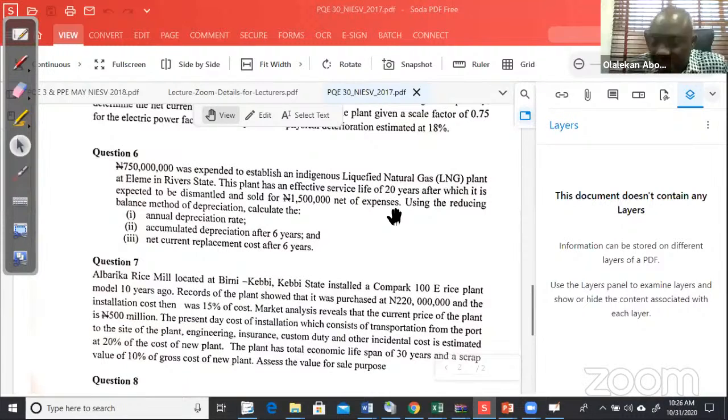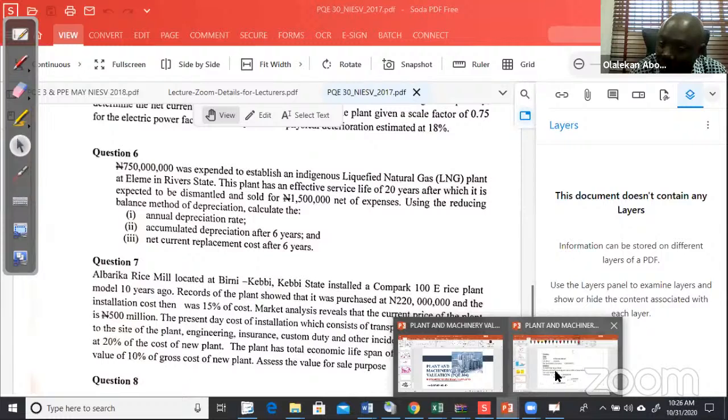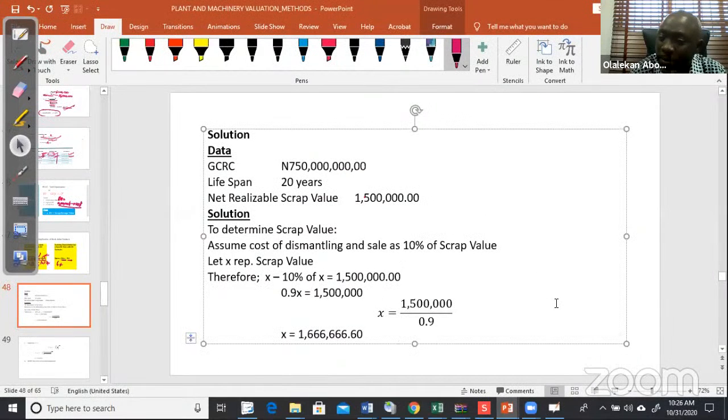It then means that you don't have your scrap value yet. That's part of where candidates might miss it. And if you miss it from that place, you continue to miss it because it's an input in your depreciation rate, for example, and in all other calculations.